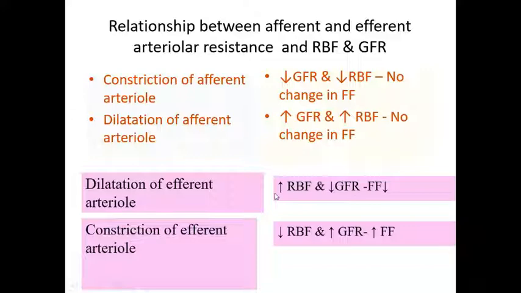What happens to the filtration fraction when you have vasodilatation of the efferent arteriole, or vasoconstriction of the efferent arteriole, or vasodilatation of the afferent arteriole? In each case, you need to know what will happen to the filtration fraction, and that will have an effect on the reabsorption, whether it will increase or decrease the reabsorption.